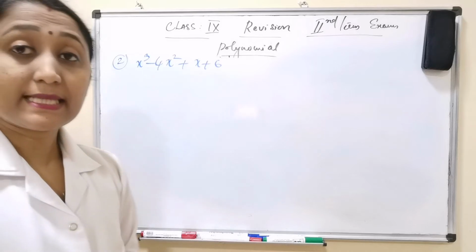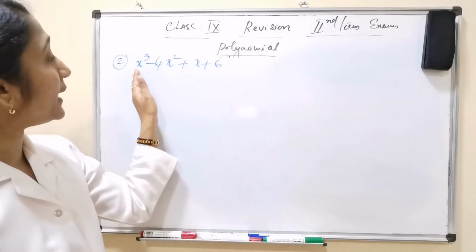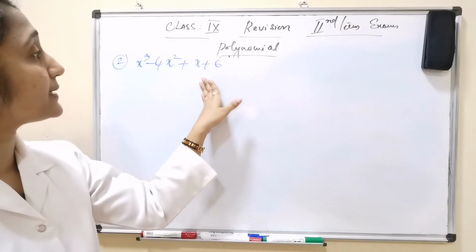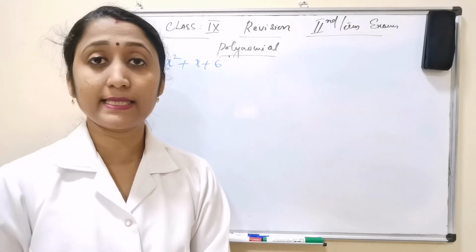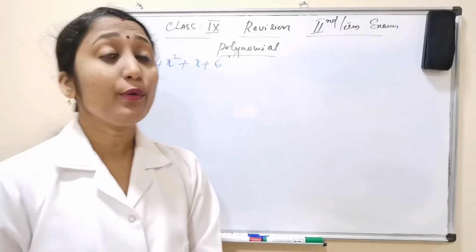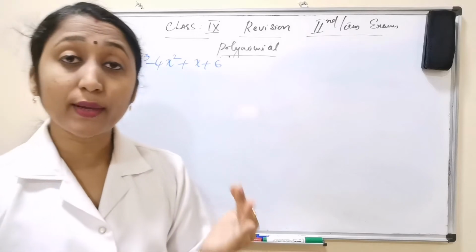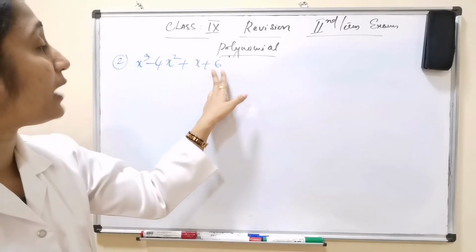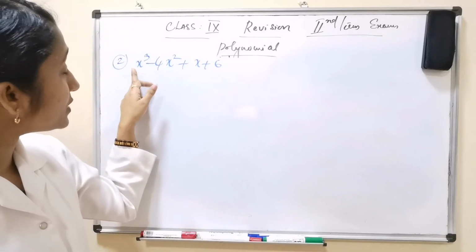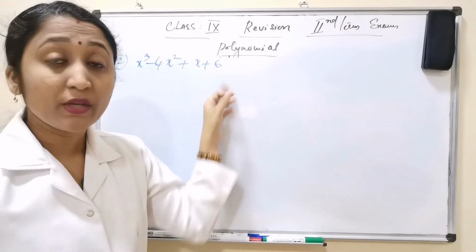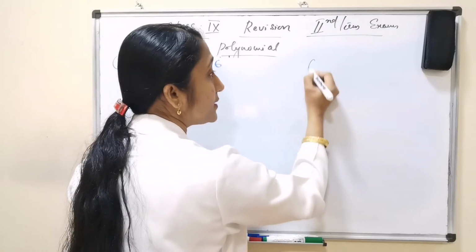Okay. The second question is x cube minus 4x square plus x plus 6 is a polynomial. So we have to factorize. How can we factorize? First of all, the coefficient is 1. This is 6, so we have to write the factors of 6.